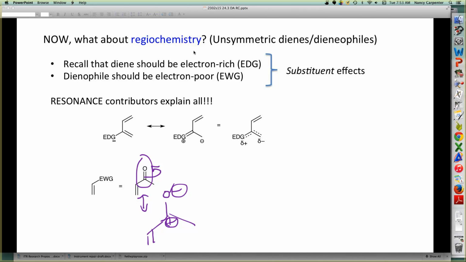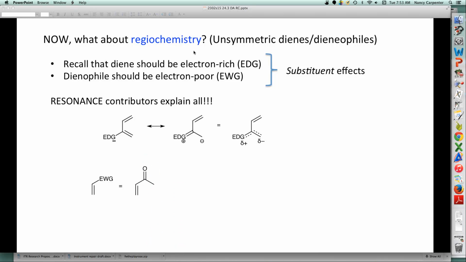So clearly a carbonyl is electron withdrawing, but an even better resonance contributor is to show how we can pull the electron density all the way from this terminal carbon on the dienophile up onto the electronegative oxygen, so that the resonance hybrid shows that there's a bigger delta positive on this carbon than on that one.